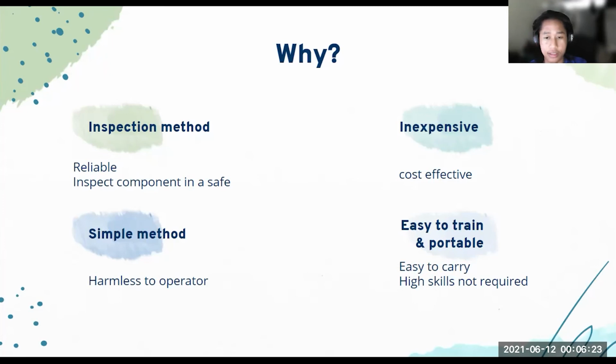And about high skill not required, only minimum skills are required, because it is easy to train people that even if you have very low skills on handling stuff and electronic devices, you can perform this. And the last point is, it is very little, or I can say no, cleanup needed after the testing is done. So next, about who.